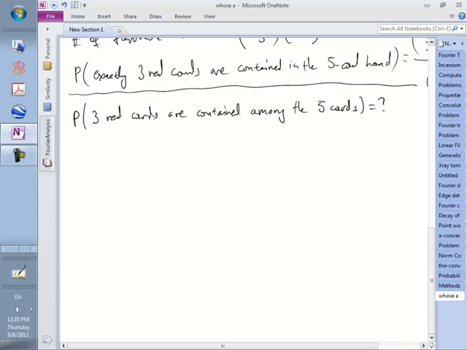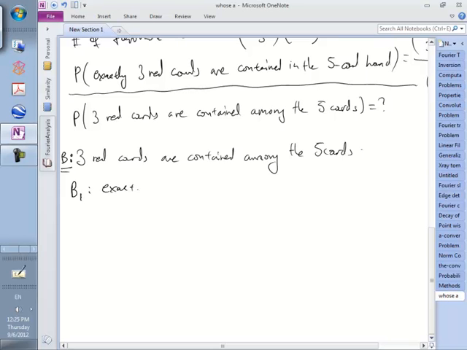Okay, so the event that 3 red cards are contained among the 5 cards, now you will see me using some more elaborate notation, I would call this event B. I call B1 the event that exactly 3 red cards are contained among the 5.